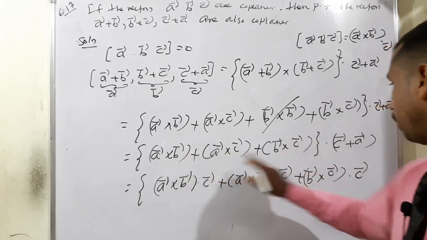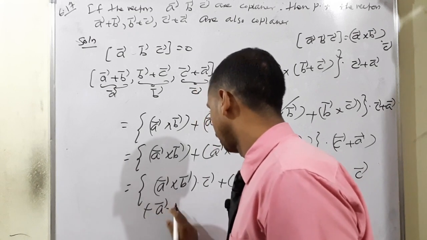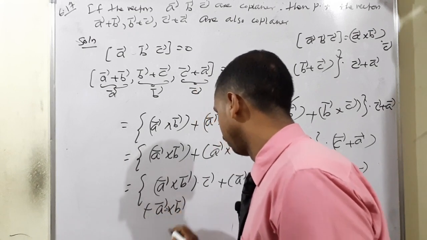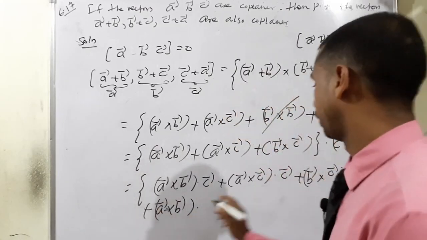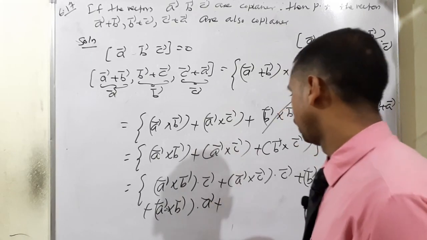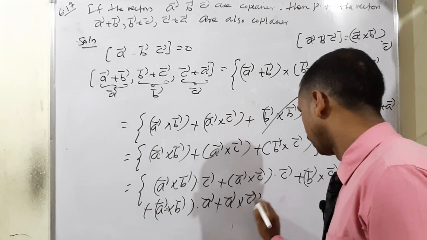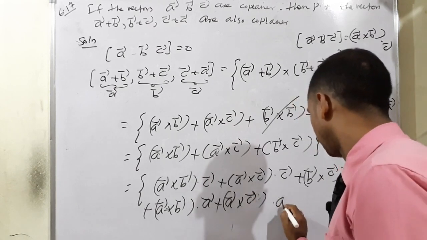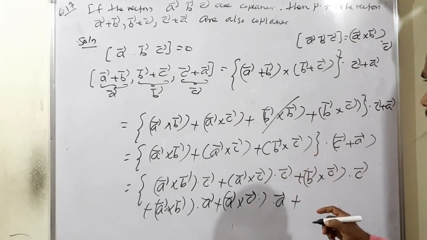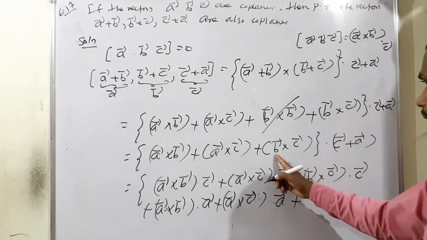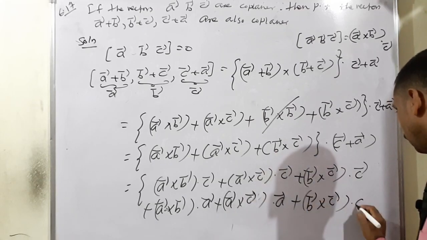Next, each and every term dot with A vector: plus A vector cross B vector dot A vector, then plus A vector cross C vector dot A vector, plus B vector cross C vector dot A vector.